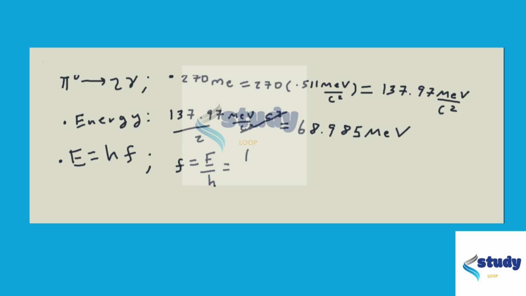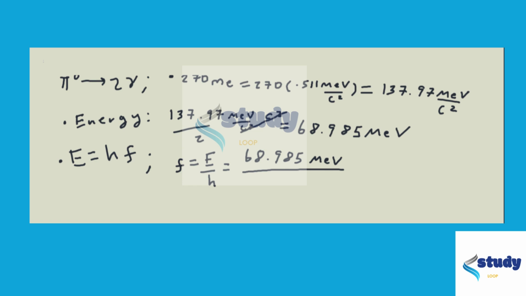Now, Planck's constant in modern units, I'll write out here. If you are ever unsure, you can simply look it up in the table. Don't get confused. I've left this as mega electron volts. This is 68.985 times 10 to the 6 electron volts, so in our calculations, be sure to do that.